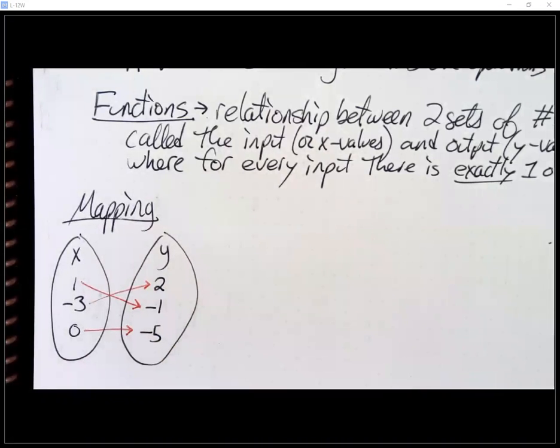In this example, we do have a function because none of my X values are giving me more than one answer. When I plug in 1, I'm only getting one answer back out. When I plug in -3, I'm only getting one answer back out. So this would represent a function.